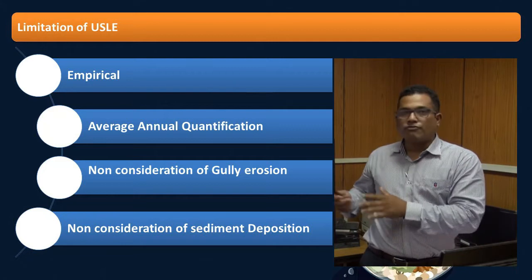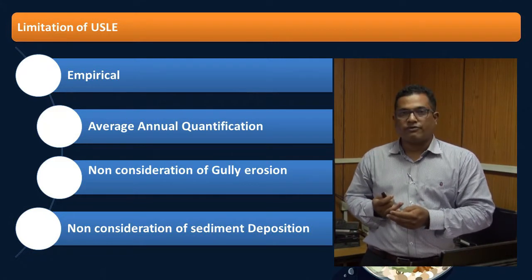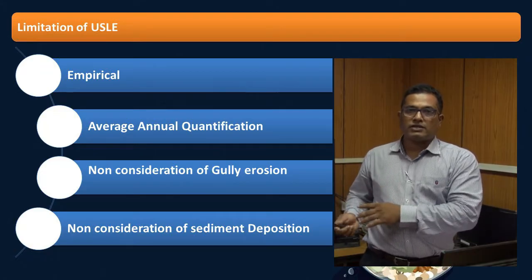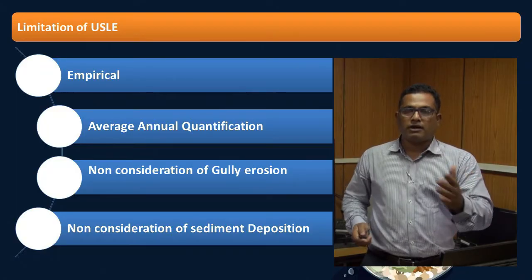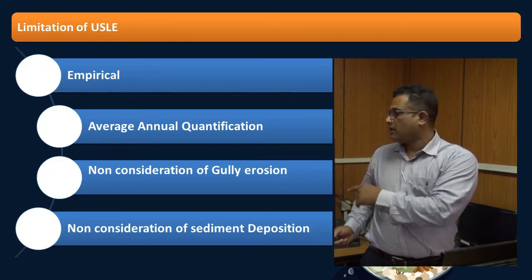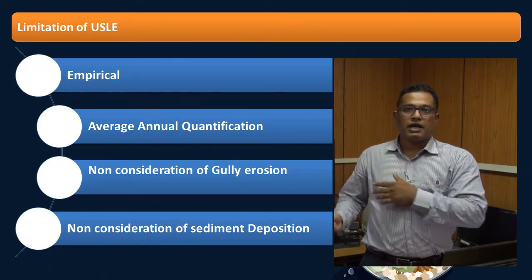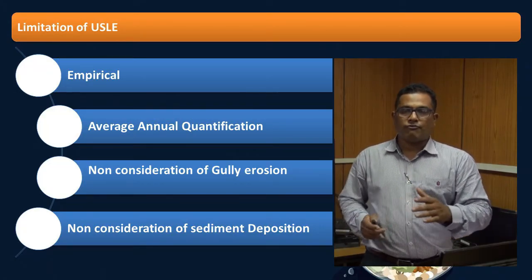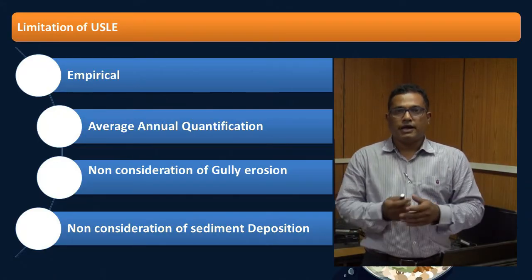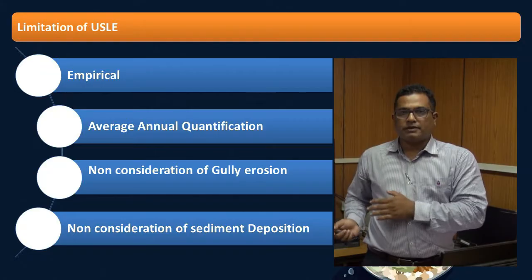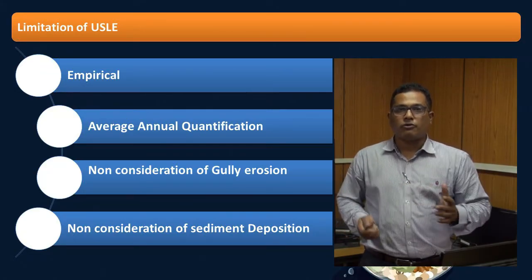These are some of the limitations of the universal soil loss equation. Still, over the last 50-60 years, there is no mathematical model as popular as the universal soil loss equation, and it is very widely used in India and all over the world for estimating and predicting soil loss over a large area. This method is also used for deriving many other formulas.